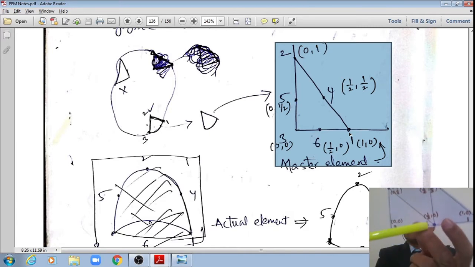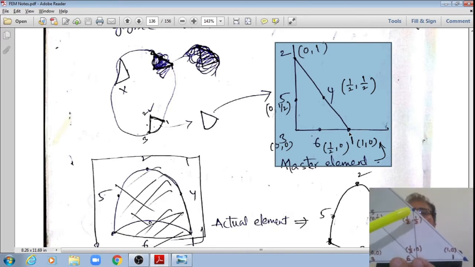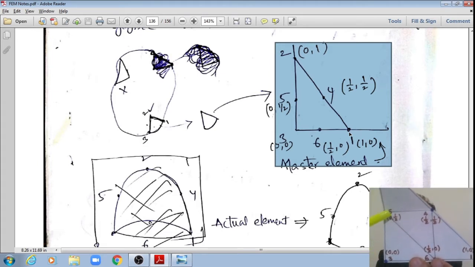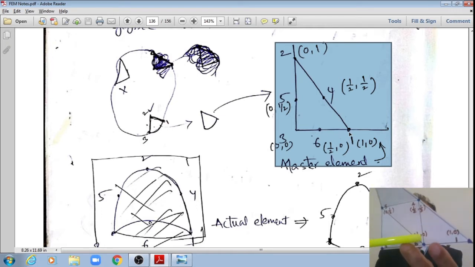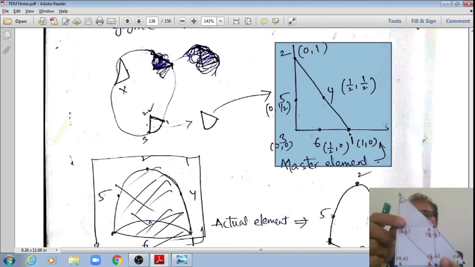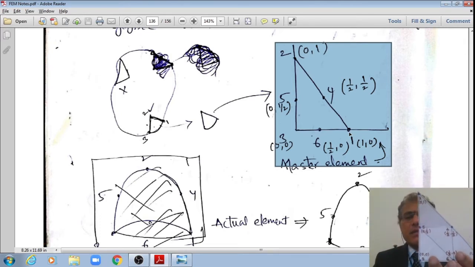Node 4 at plus half, node 5 at 0, half, and node 6 at half, 0 respectively. That is how my six noded triangular element, this is the master element, students.